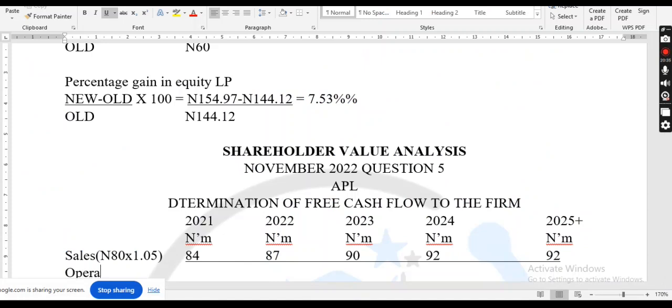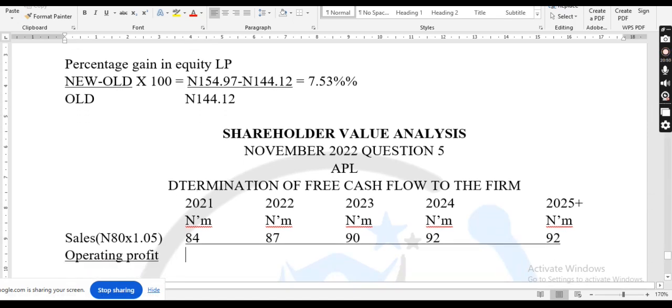So 8% of the sales will give you the operating profit, right? For the first year, 8% of sales. What do you have? 8% of sales, 6.7. Actually, 8% of 84.